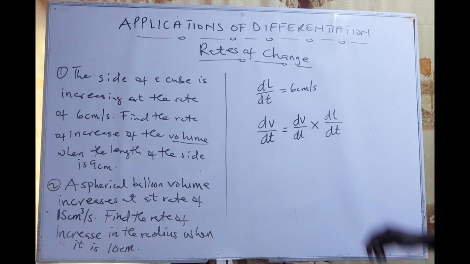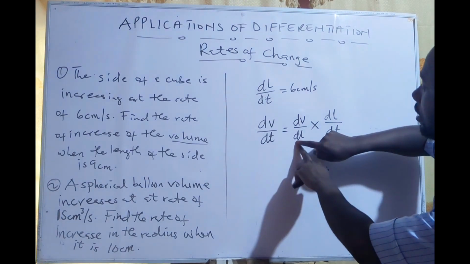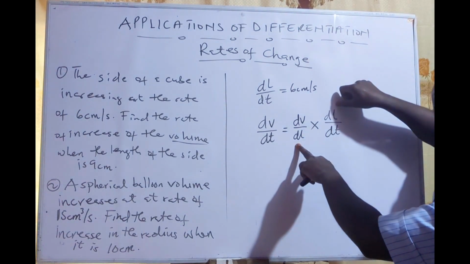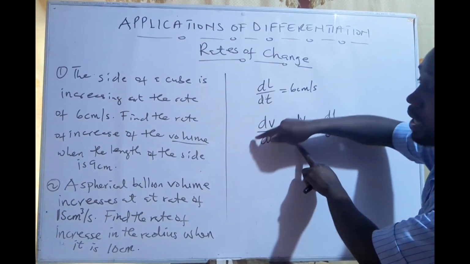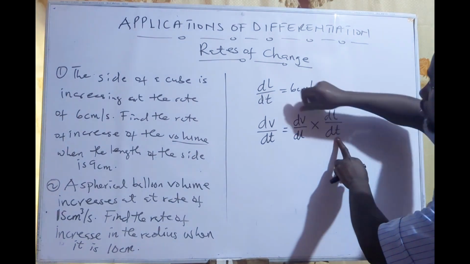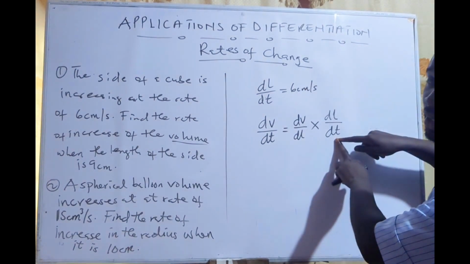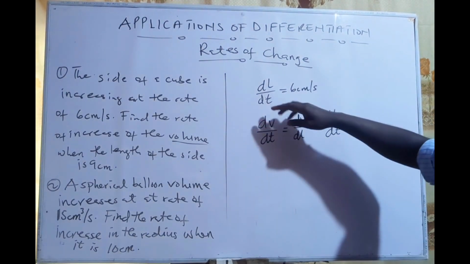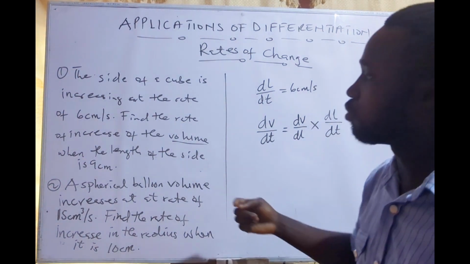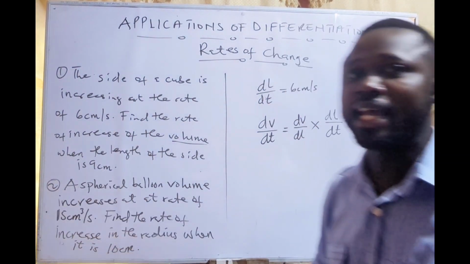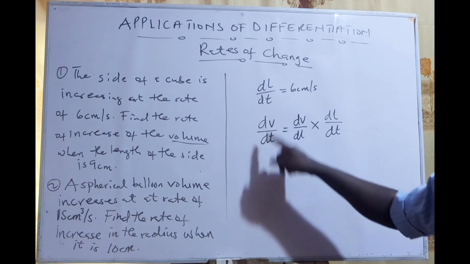And this is so simple. Whatever you write in the numerator here will come here, and the denominator here will also be here, so when dL cancels, we have dV on dt. So when you are finding the volume with respect to time, you find the volume with respect to its length, and the length with respect to time, and that gives you the volume with respect to time.